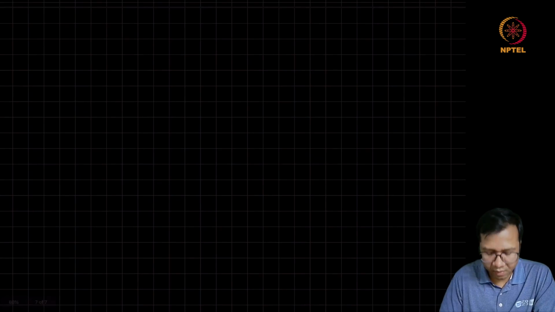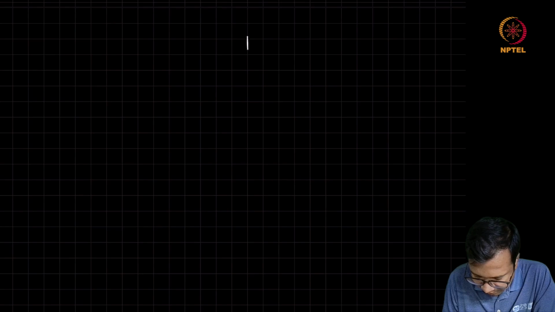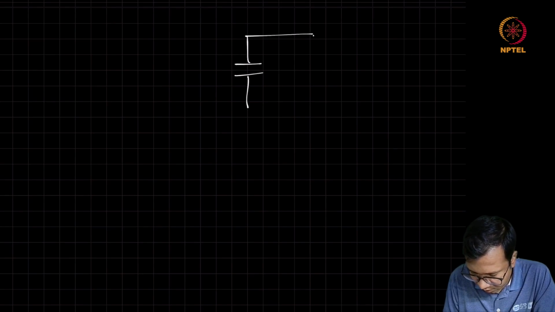Let us take a case where this capacitor is initially charged to some voltage V naught.